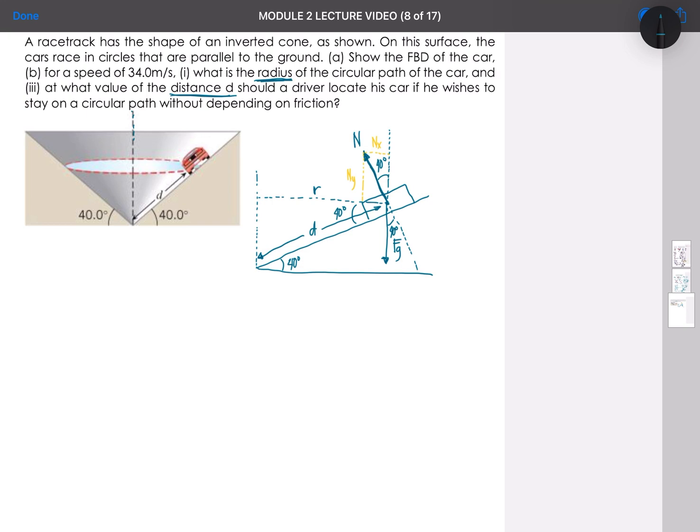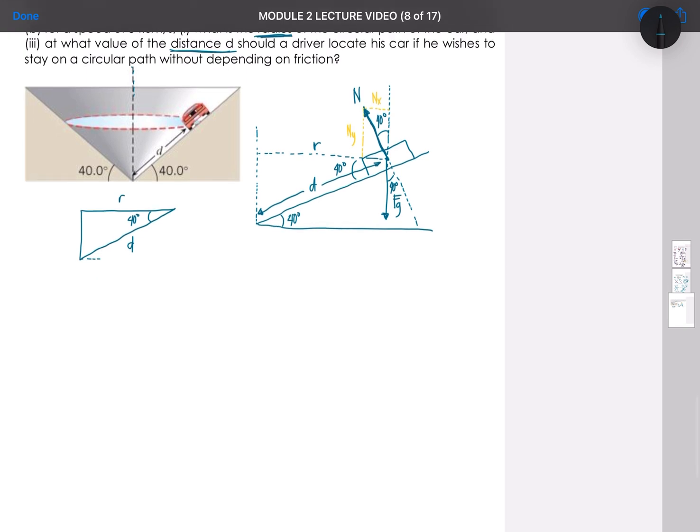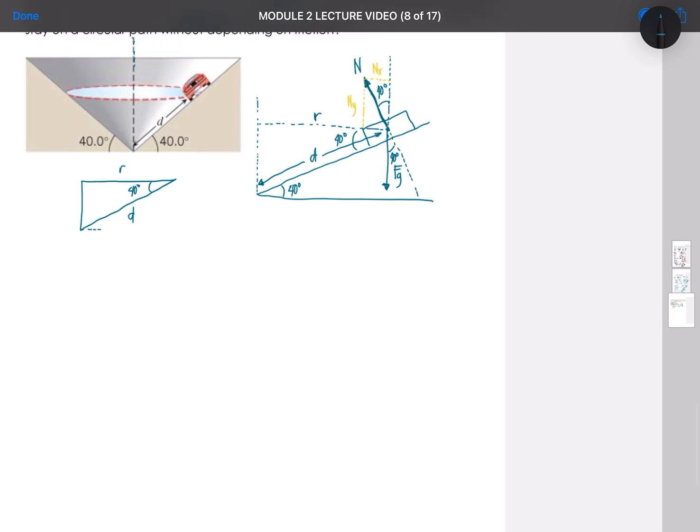But then kung titignan natin yan, no, we will be able to form there parang right triangle. This is d. This is r. And that is 40 degrees. And so tingnan natin kung ano yung una natin masasolve, whether that's radius or the distance.